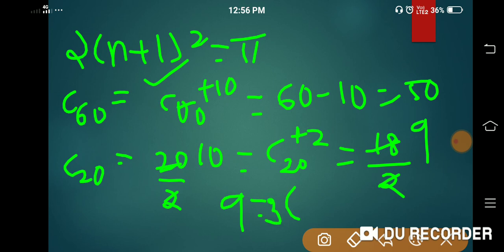We have to convert this into the (n+1) format. Hence, 3 equals 2 plus 1, so 2 times 3 squared becomes 2 times 9, which equals 18. Hence, C20 2+ is aromatic in nature.